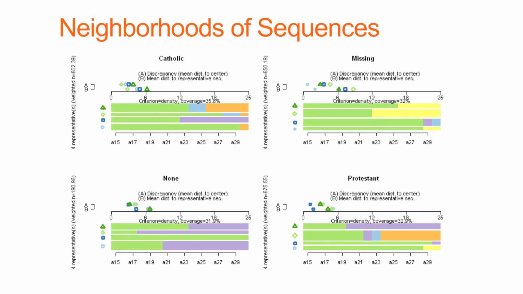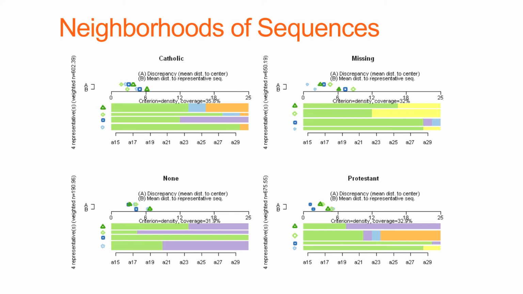So here I have 4 groups. This is by religion. And I have 4 representative sequences for each group. So over here for Catholics, each of these sequences represents a group of Catholics, and there is a certain distance from this representative to others in that group. These four together represent about 36% of the Catholics in the sample.